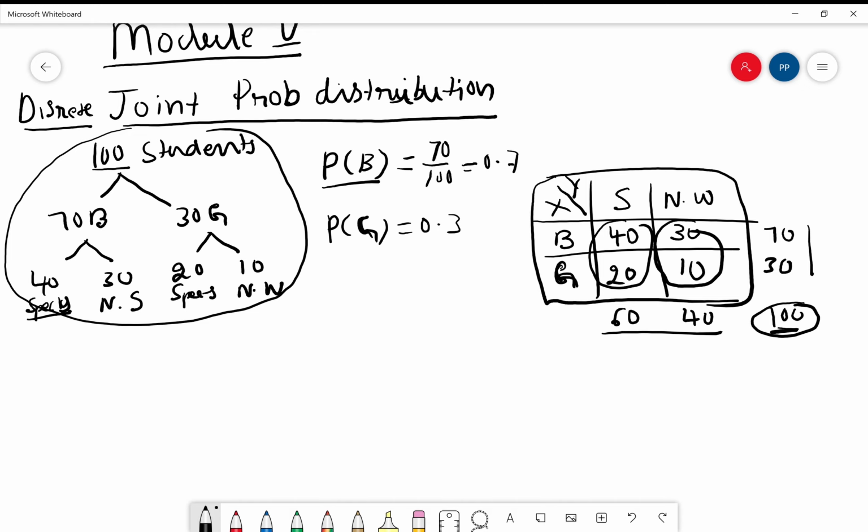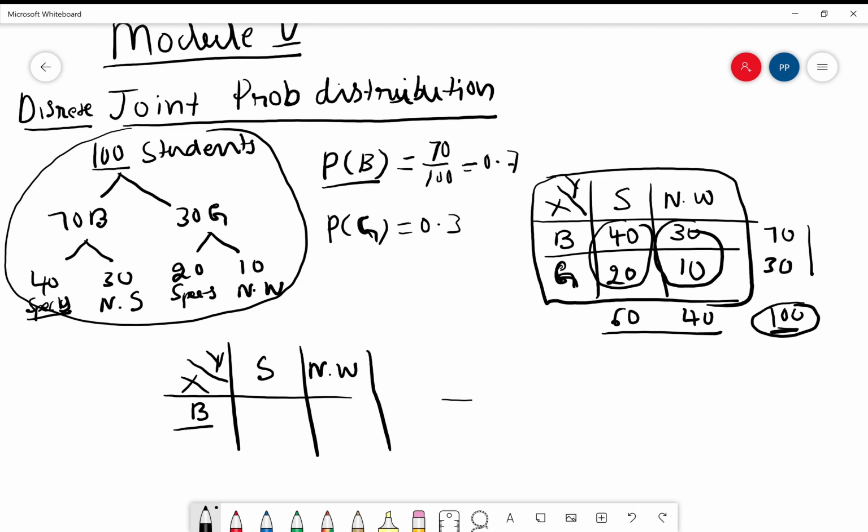Now, we write the required probability in the form of a table like this. X, Y, where Y takes two states, wearing specs and not wearing specs, and X takes two values, either the student is a boy or a girl.